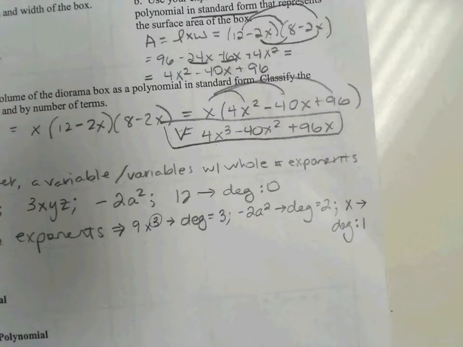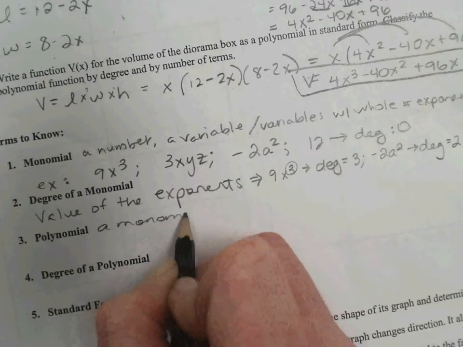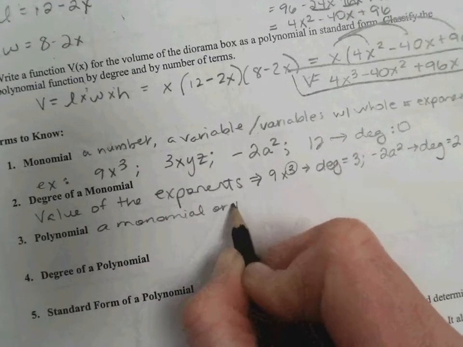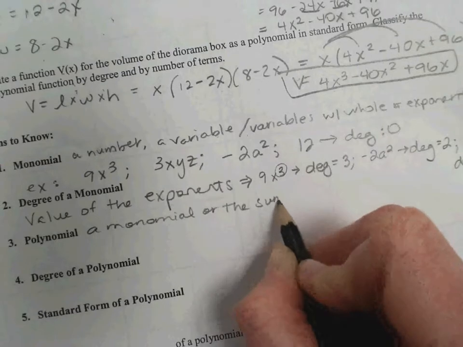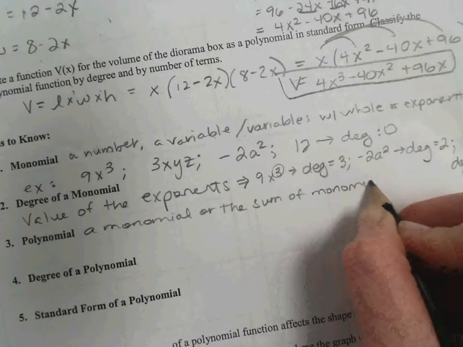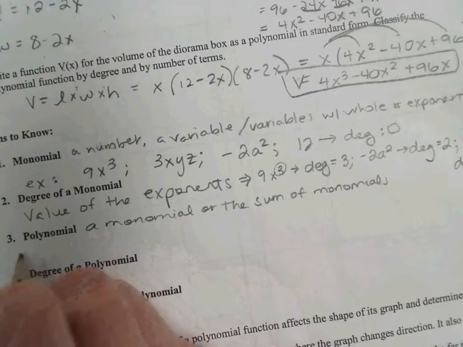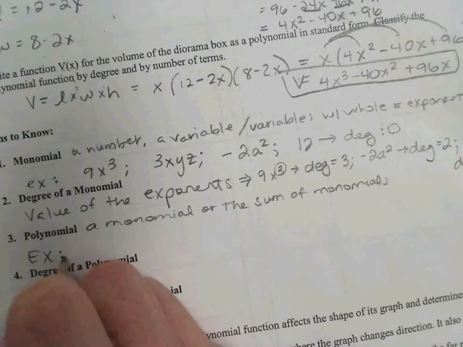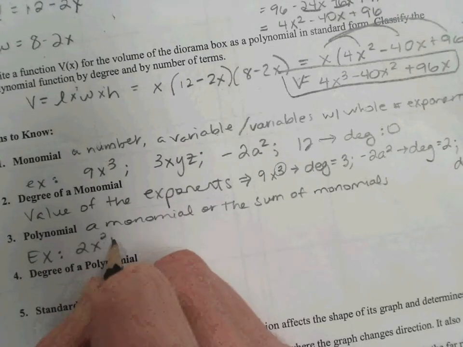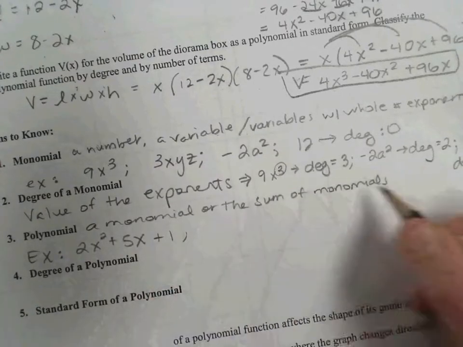Polynomial. A polynomial is a monomial or the sum of monomials. So it might look something like 2x squared plus 5x plus 1.